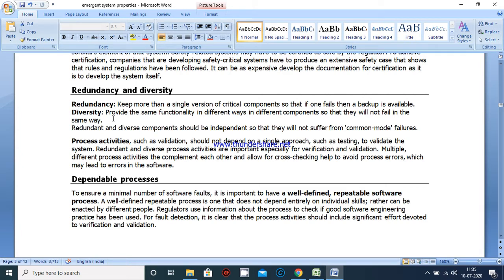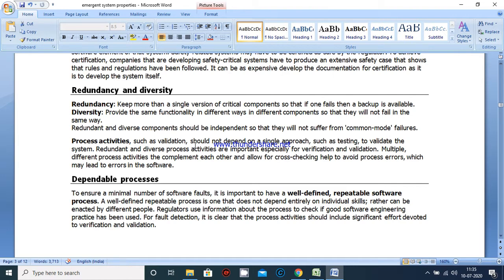See, here is the term process activities such as validation. Validation is a part of testing. It is saying here validation should not depend on a single approach such as testing to validate a system. It should not depend on a particular, or it should not relate to a single submodule or task.